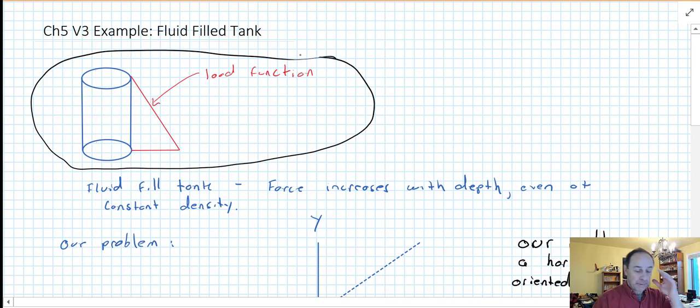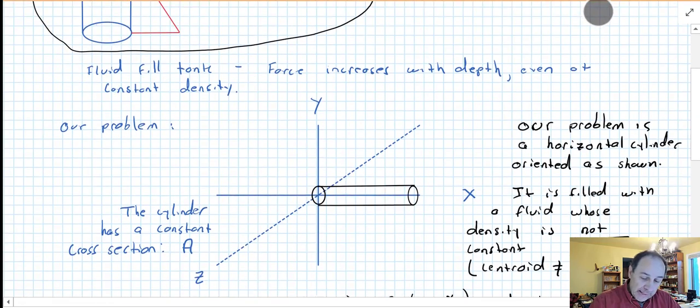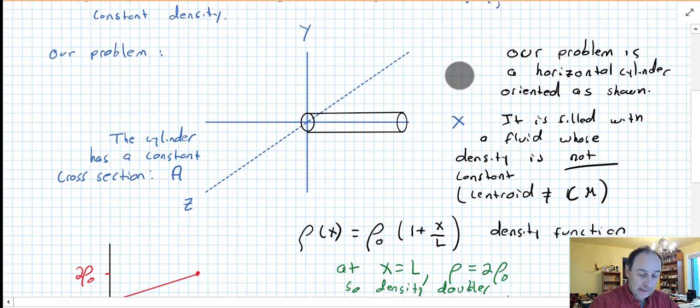This is just something to keep in mind. If this is a fluid-filled tank, its load distribution is going to go as the height, right? The fluid on top is going to press on the stuff beneath, so there's going to be more of a load the farther down you go. That happens even at constant density.